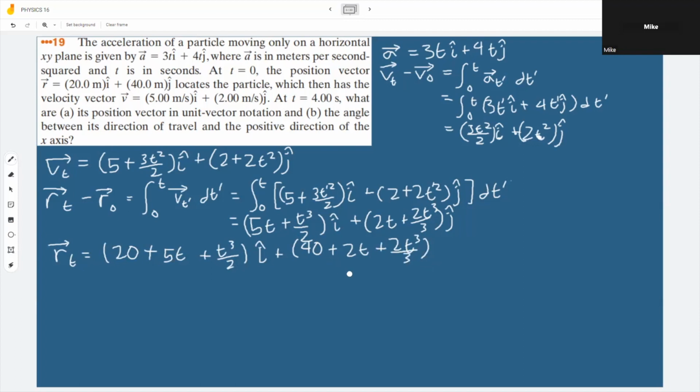Okay, so j hat. Okay, so at t equals 4, calculator.